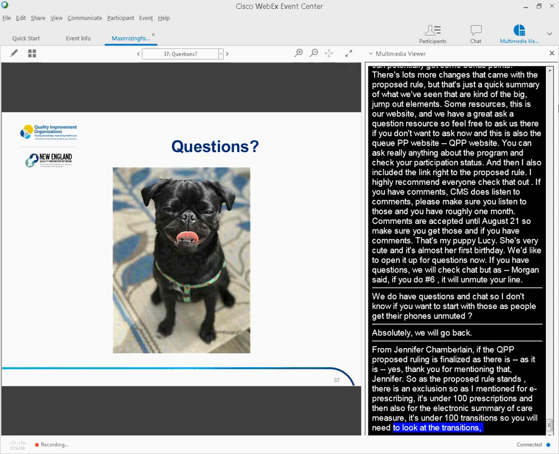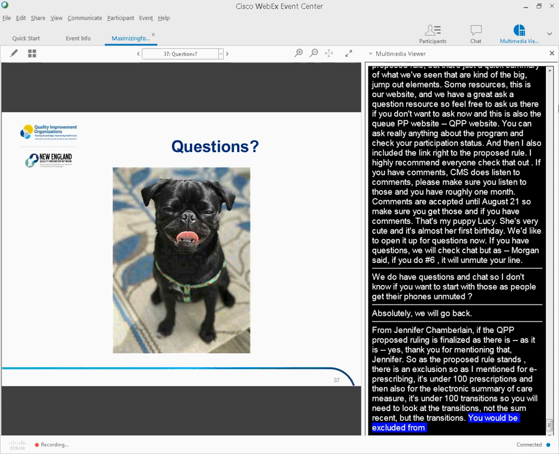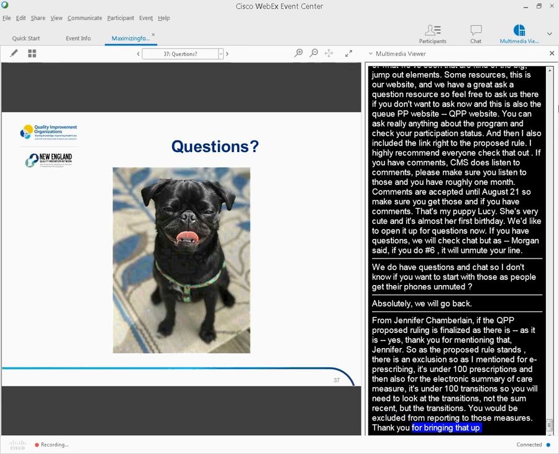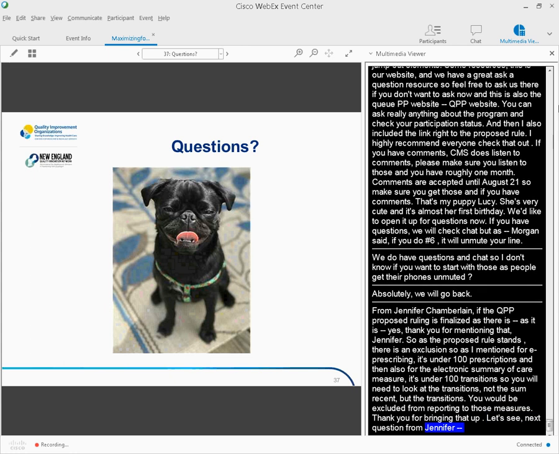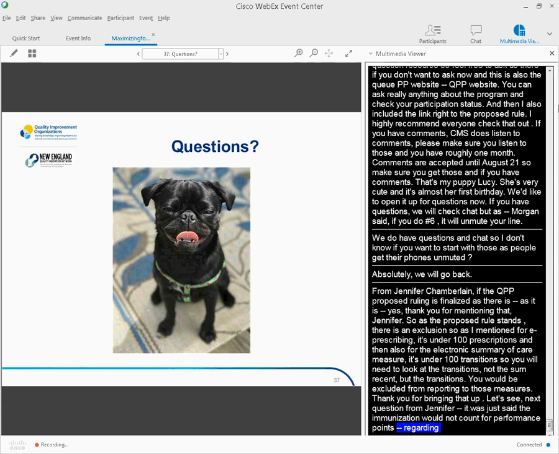Let's see, next question from Jennifer. It was just stated the registry intent immunization would not count for performance points. So the question is about intent to participate in the syndromic surveillance.